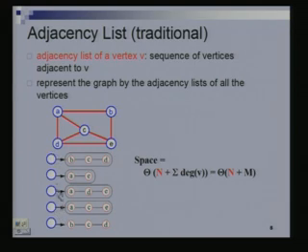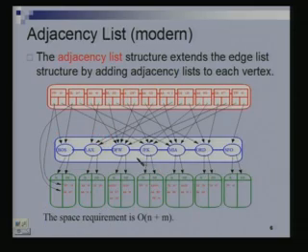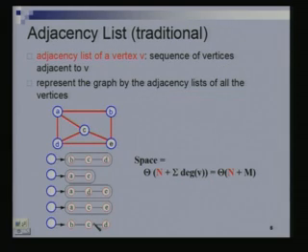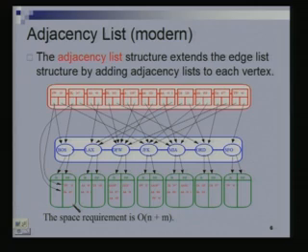It's an array typically indexed by, suppose, you number your vertices 1, 2, 3, 4 and so on, and that would correspond to this location. We can combine this with the edge list data structure, and we will get something more complicated like this. The upper part is just the edge list data structure that I showed you, and now with each of these vertices I have the adjacency list associated.